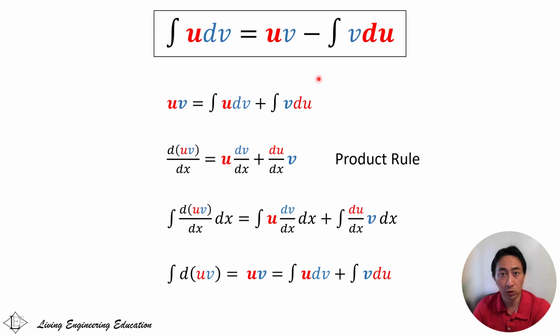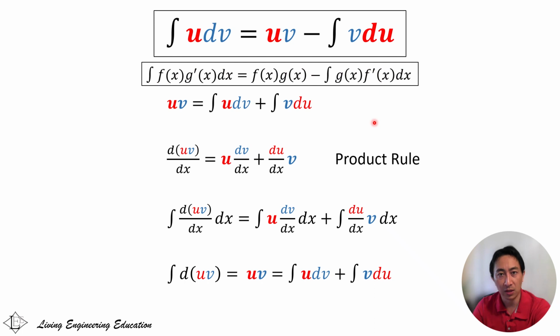So before we jump into the example problems, I want to show you another form of the integral by parts that you might see, right? So u might be replaced with f of x, and g of x might replace v, right? So in this case, it's saying the exact same thing, right?